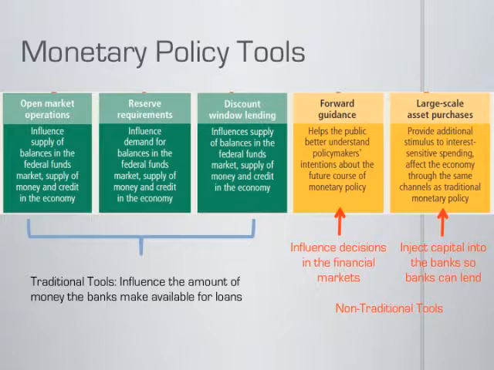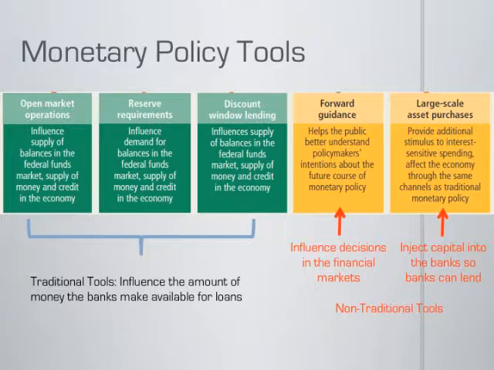Or the Fed says, I'm going to lower interest rates in a few months, and people say, I better hold off on my spending until the Fed lowers interest rates. So basically with forward guidance, the Fed is trying to influence the thinking of the traders on Wall Street and of corporations, primarily corporations but sometimes individuals, in terms of when they're going to borrow and how they're going to spend their money.